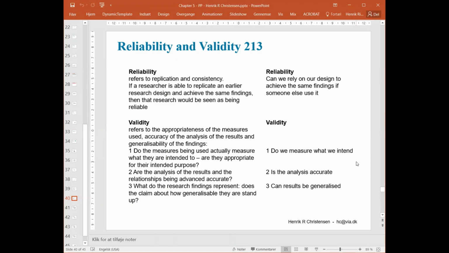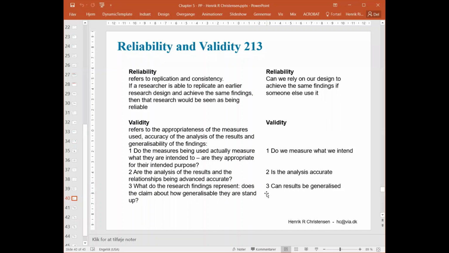Are we using the right kind of strategy, etc.? So these kind of questions are important. And then 2, is the analysis accurate? So as it says here, are the analysis of the results and the relationships being advanced accurate? So can we count on this particular analysis, and does it make sense to do it in that way?